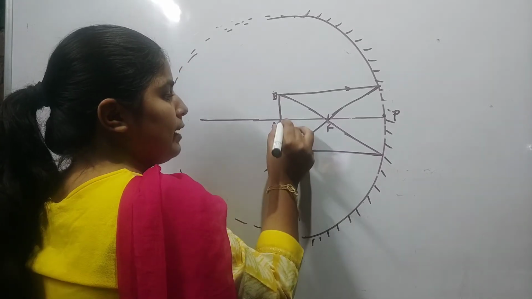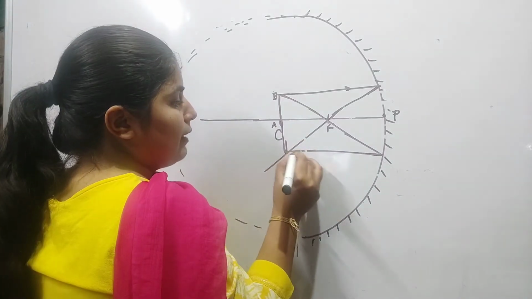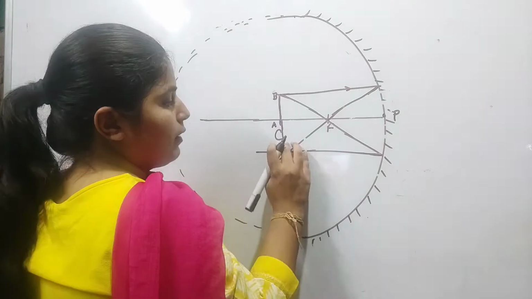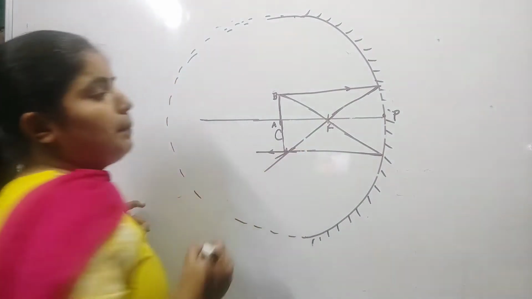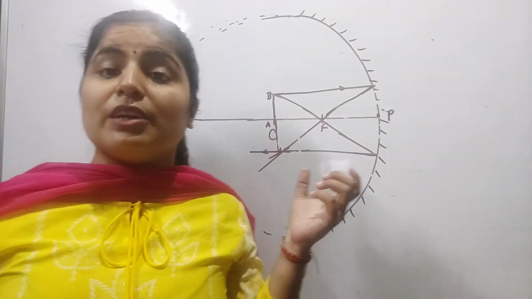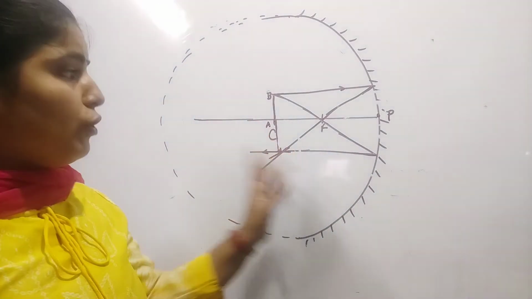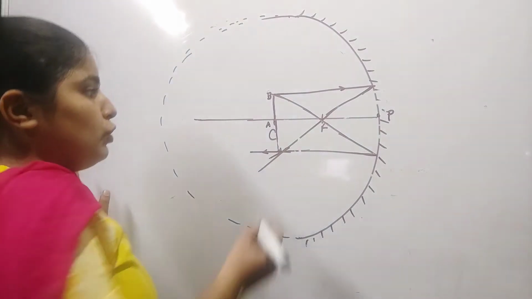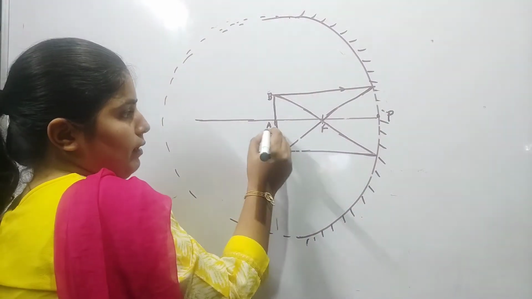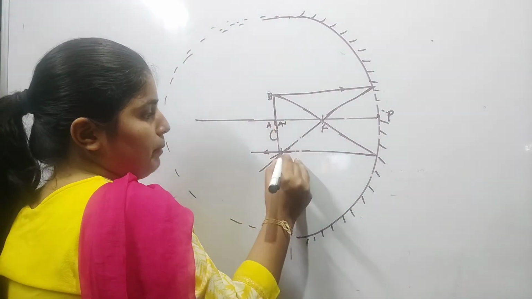So here we are seeing that the image is formed at C. If you draw it by measuring correct measures, you will find that it forms exactly at the center of curvature. So this one is the object, and this one will be the image.